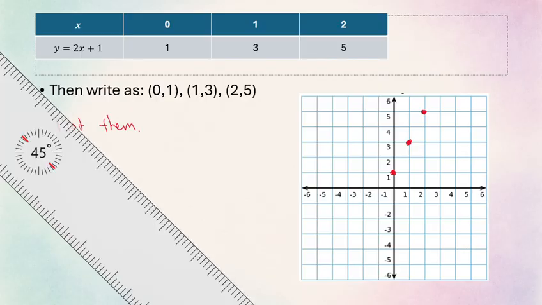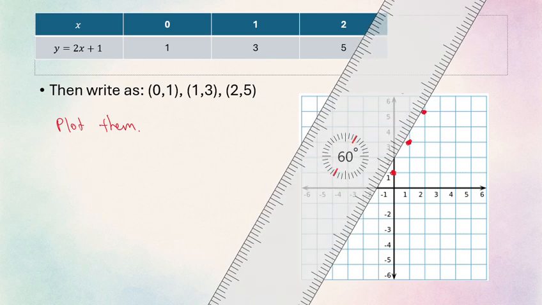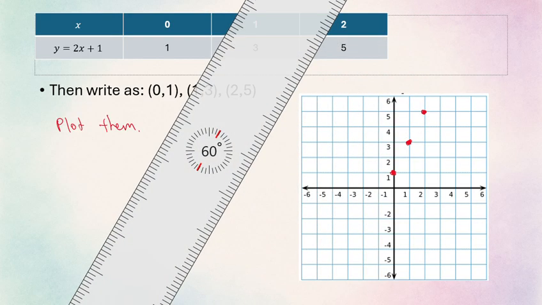Once you've plotted it, just grab your ruler. Just grab your ruler, literally, and just draw a nice straight line.